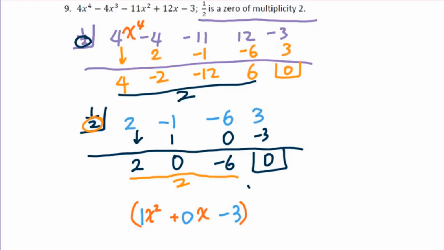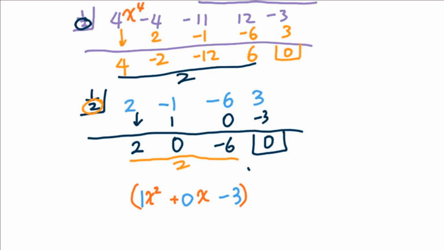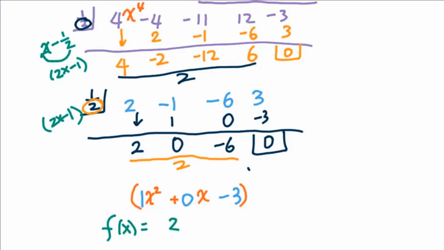That's the one factor. For the factor x minus 1/2, bring the 2 to the front, we got 2x minus 1. Same thing, we got the 2x minus 1. Therefore, f of x equals 2x minus 1 squared times x squared minus 3.